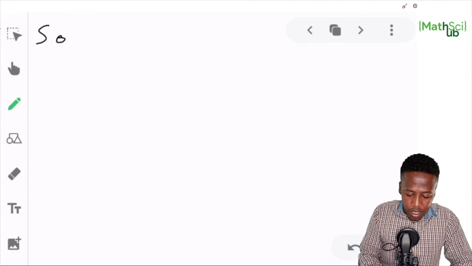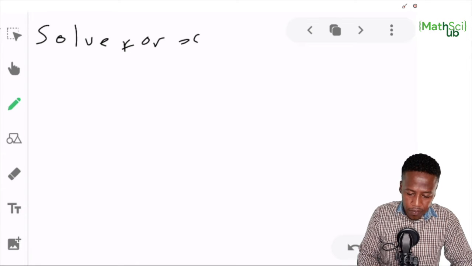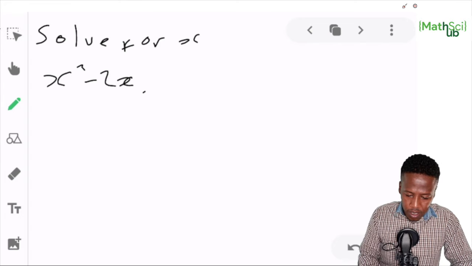Let's say they say to you, solve for x, and then they give you this sum: 2x minus 3 over x squared minus, let me just rewrite this, x squared minus 2x equals 2.